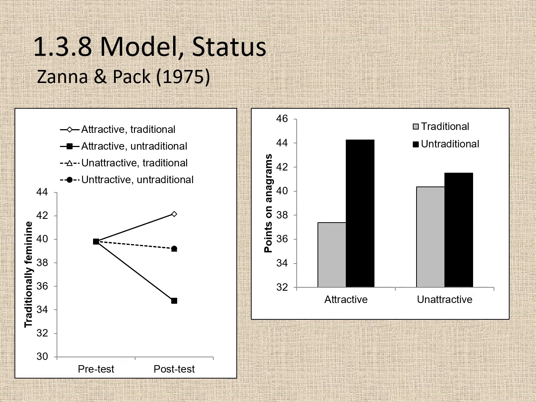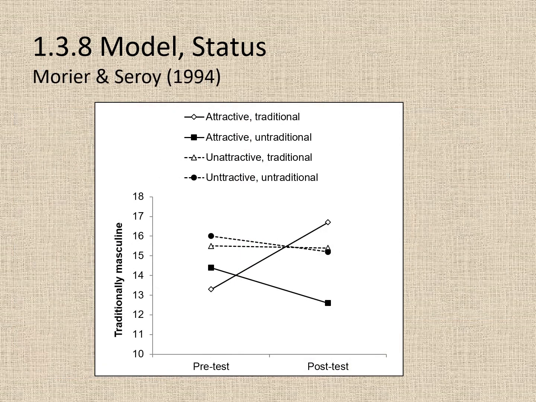Does she like hunks, or less masculine men? And if I remember right, the manipulation of degree of attractiveness here was through a photo. They get to see a photo, either of a very attractive woman or a less attractive woman.